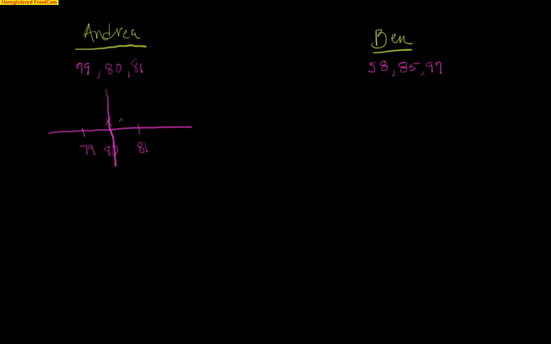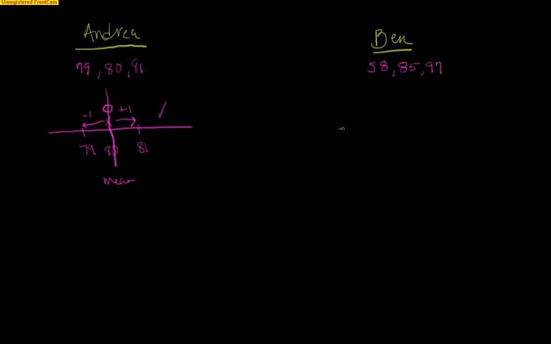She had a +1 on this side, since 81 is 1 above the mean, and here's the mean right here. She had one test score below at 79, that's -1, and one of her test scores was right on the mean, 0 distance. So -1 plus +1 equals 0, and the mean is that point of balance.